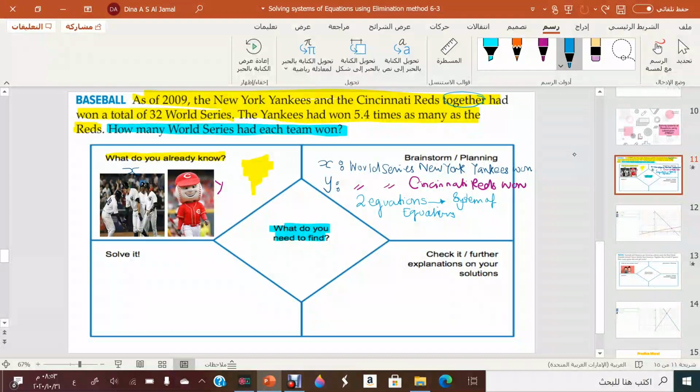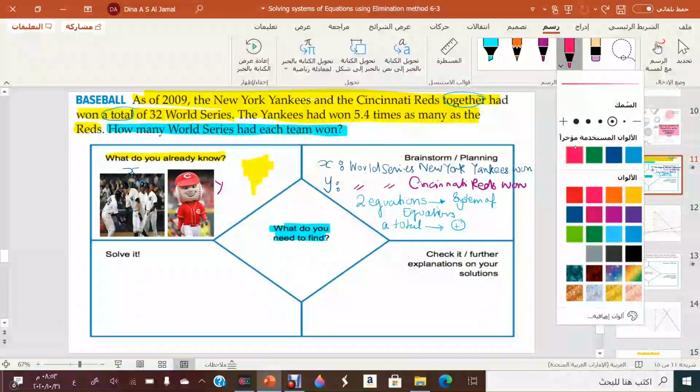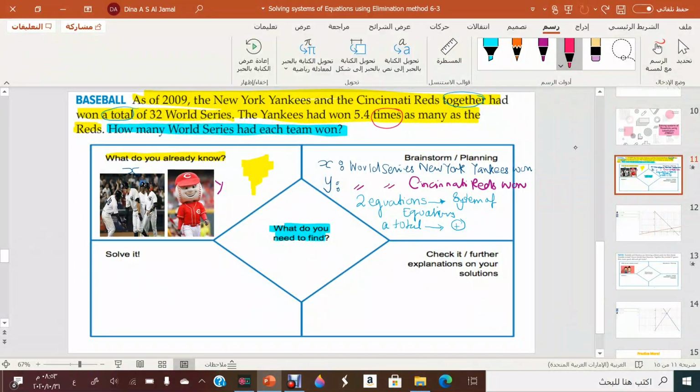Together and a total both mean the sum, which is addition. The word times means multiplication.